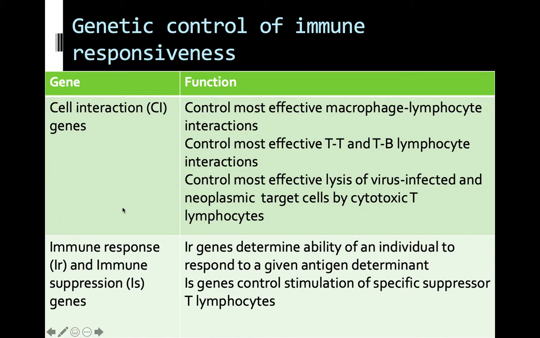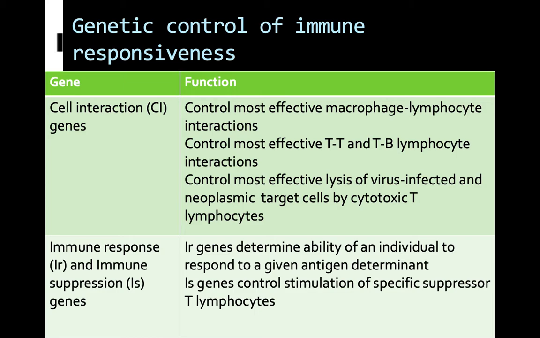Now, to describe them simply, I have some examples here. For cell interaction, some genes are capable of controlling macrophage-lymphocyte interactions. Remember how T helper cells can help in macrophage phagocytosis, or help when macrophages are resting and not capable of degrading the phagocytosed antigen.